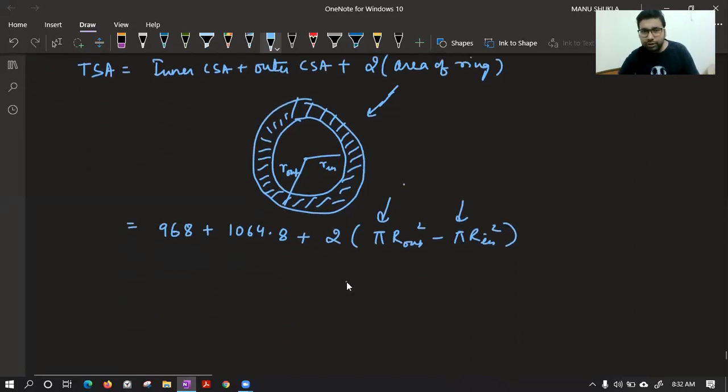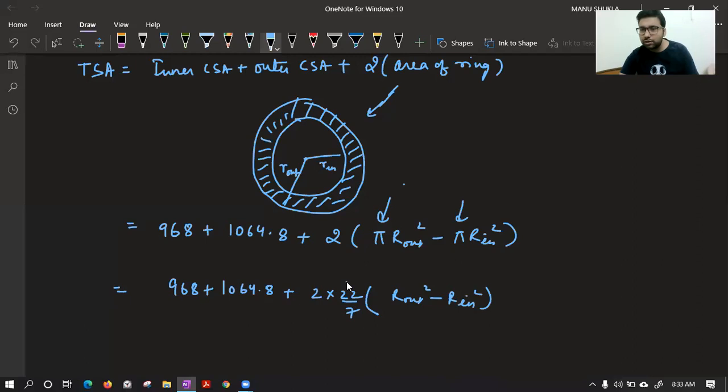It will become 968 plus 1064.8 plus 2 into 22 by 7. Inside we have r out square minus r in square. Now just put the values. This all will be same. Here we will have r out is 2.2 square minus 2 square. This you can solve and get the answer.